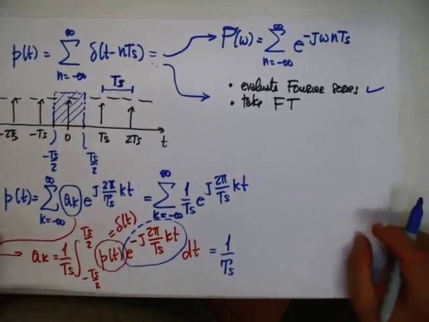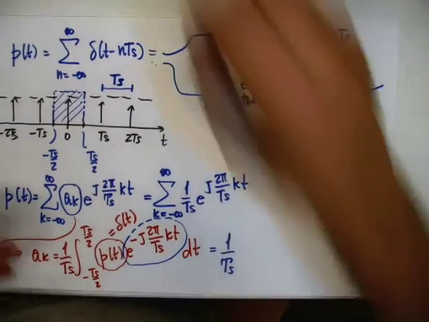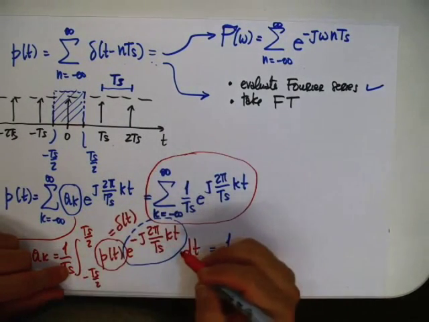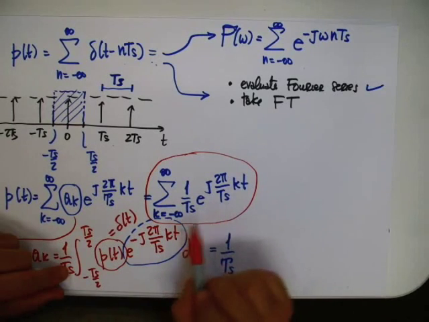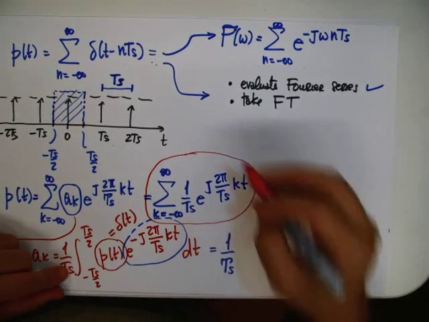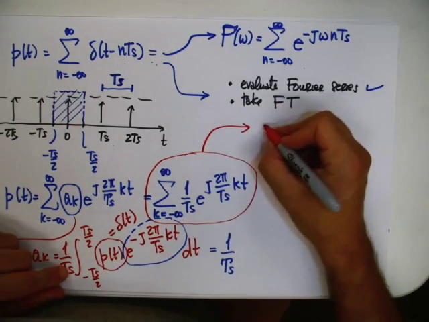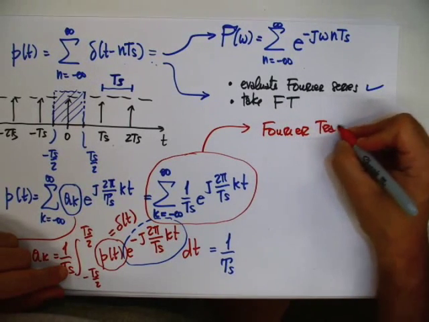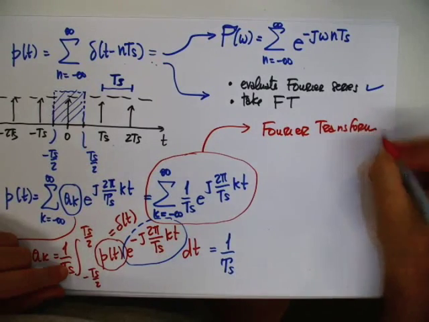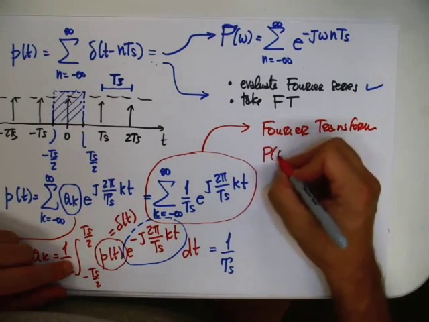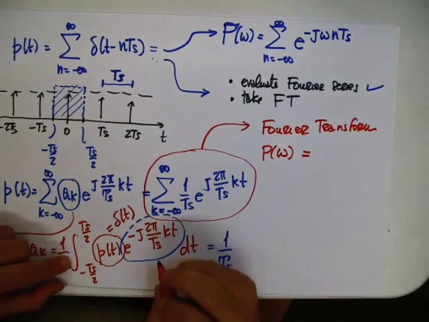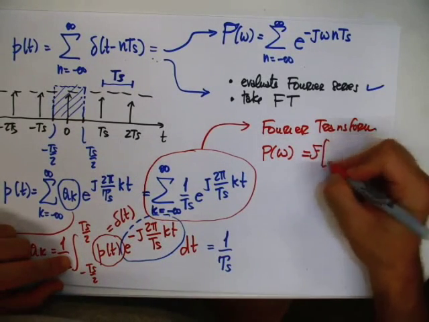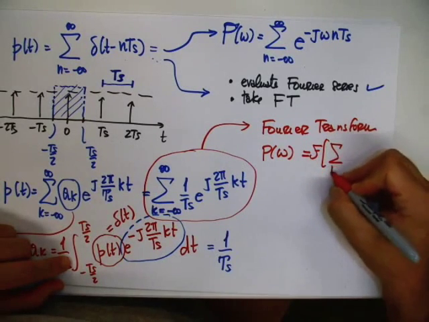So now I can take the Fourier transform of this infinite series. P(omega) is going to be equal to what? To the Fourier transform of this infinite sum.